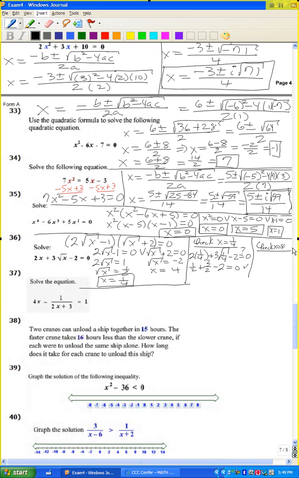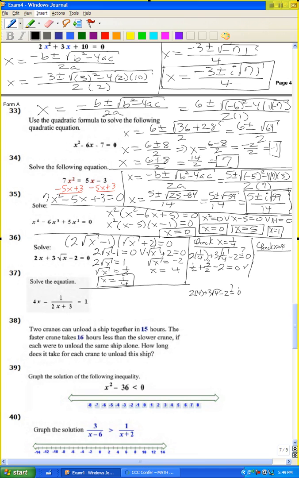Let's check when x equals 4. Is 2 times 4 plus 3 rad 4 minus 2 equal to 0?